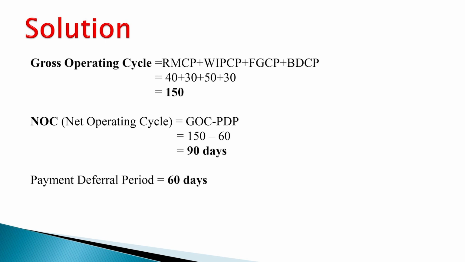In this problem, the raw material conversion period is 40, work in progress conversion period is 30, finished goods conversion period is 50 and book debt conversion period is 30. Adding all four, the gross operating cycle is equal to 150 days.